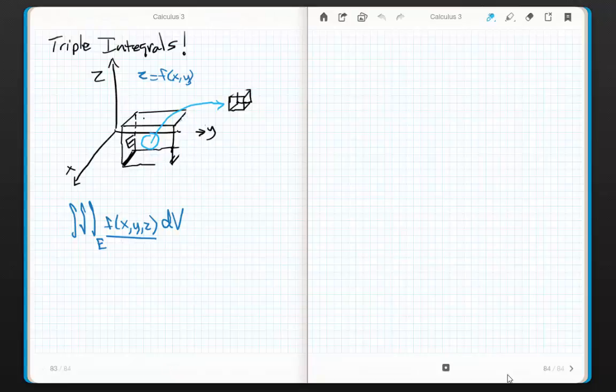Now let's talk for just a minute about what this dV right here is. What is that? Where does that come from? Well, it's a change in volume. And by virtue of the fact that it's a change in volume, you can probably tell that this little cube, just like our little rectangles when we were integrating in 2-space, or our little prisms when we were integrating in 3-space, now we're grabbing a cube which has this width right here would be delta y, right, because it's parallel to the y-axis.